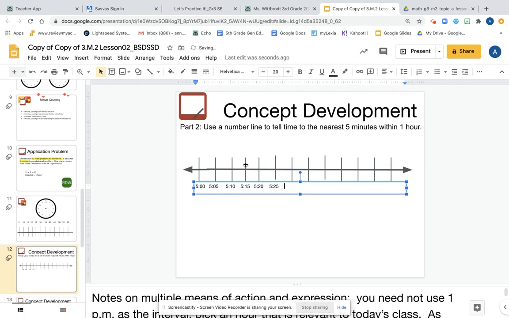Okay, 5:30, 5:35, 5:40, 5:45, 5:50, 5:55, and then we're not going to write 5:60 because 60 minutes is an hour.